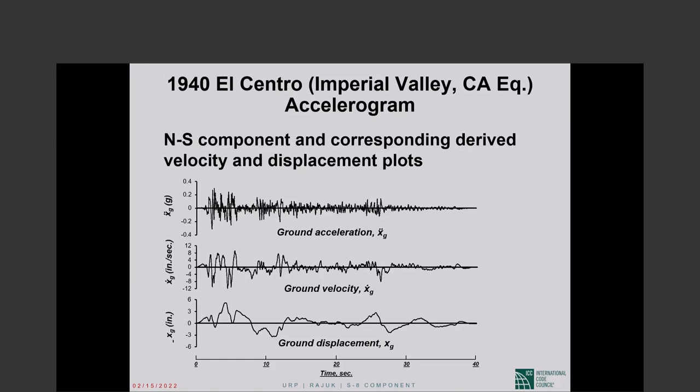The instruments are called strong motion accelerographs because they are triggered only when ground accelerations go beyond a certain threshold, so that every little bitty earthquake is not recorded.